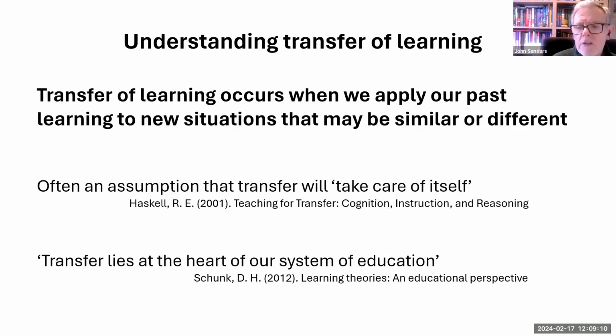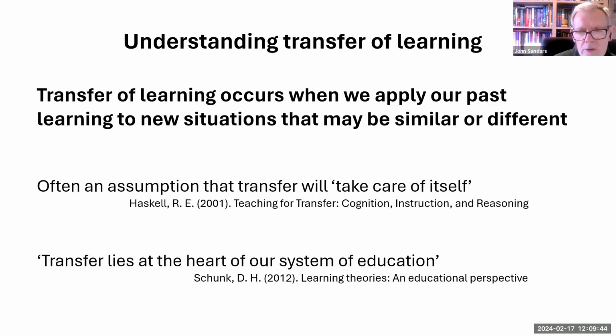And this is where we actually need an understanding of the educational principles if we are to maximize the learning for transfer. So transfer of learning occurs when we apply our past learning to new situations that may be similar or different. And one of the major authors, Richard Haskell, talks about how it's often an assumption that transfer will take care of itself.